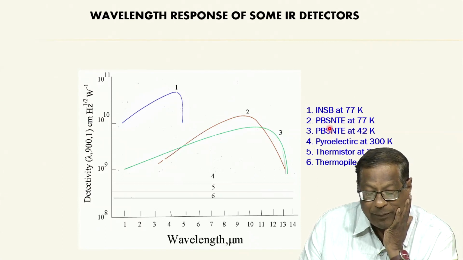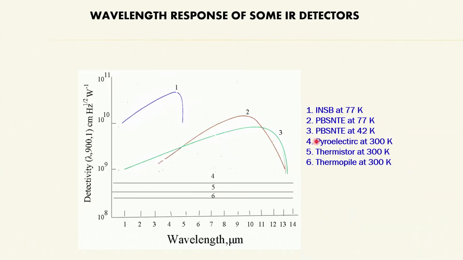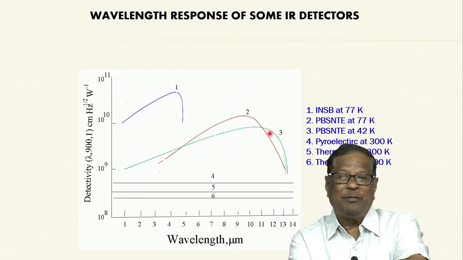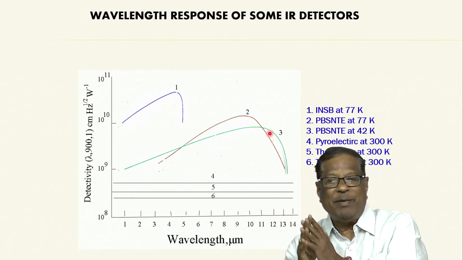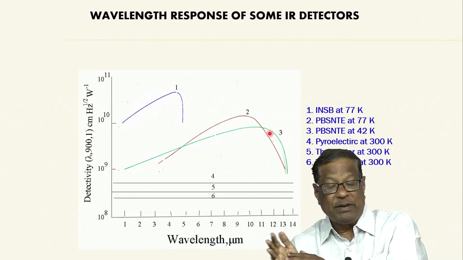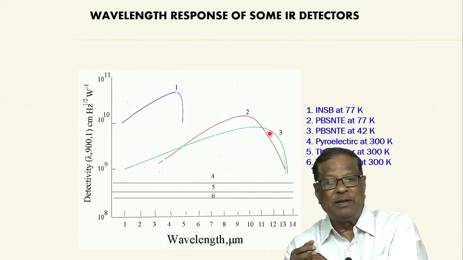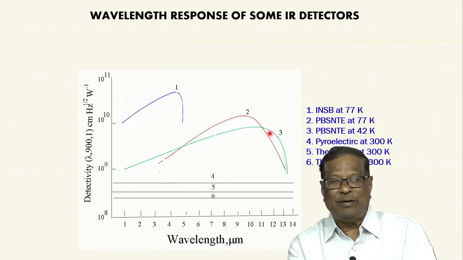Both 2 and 3 are the same, but a little temperature difference makes them work much better over the entire range. So, the research in these bimetal detectors is basically concentrated on how far we can take the detector, make a response up to 10, 11, 12, 13, 14 micrometers, and then how long it will survive and how many cycles it will survive.